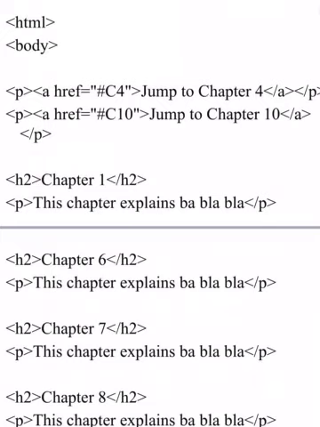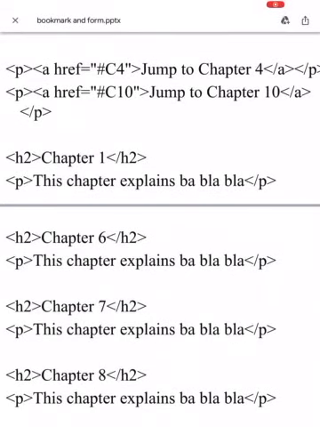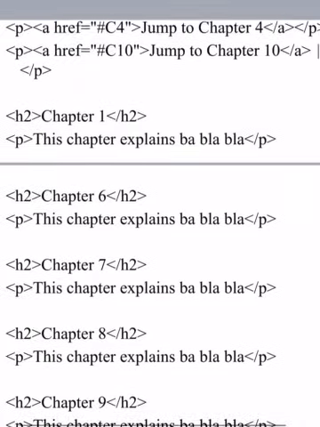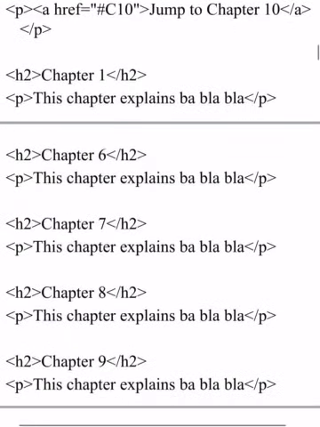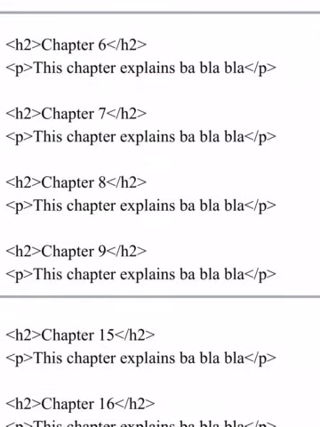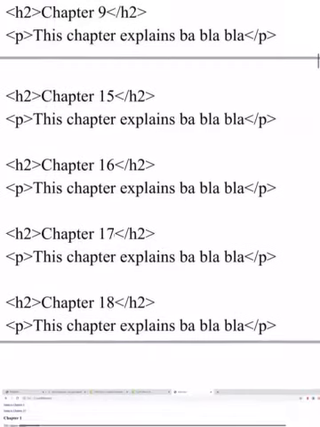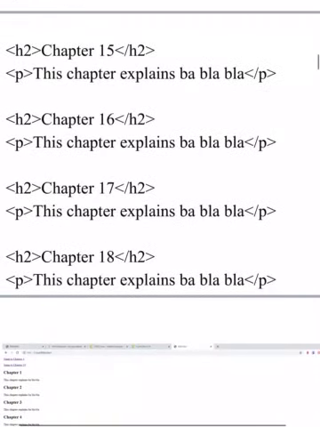Next we have used a bunch of heading tags and paragraph tags. We have used the h2 tag, written chapter 1 and closed h2. In the paragraph, this chapter explains blah blah blah and slash p. Then again h2, we have written chapter 6, chapter 7, chapter 8, chapter 9, chapter 15, chapter 16, chapter 17, chapter 18.